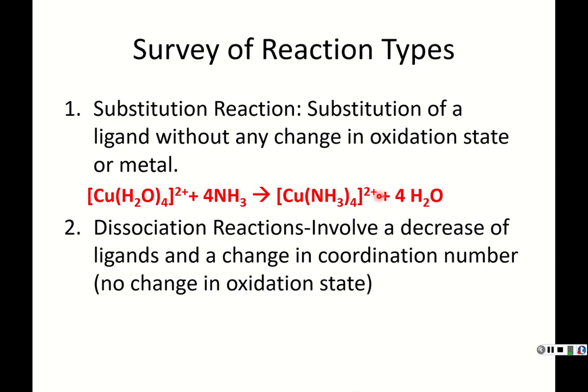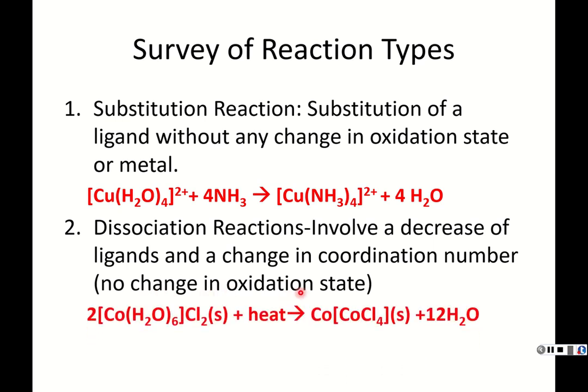Dissociation reactions are the next type we'll talk about. These involve a decrease of number of ligands and change the coordination number. Again, there is no change in the oxidation state. So a dissociation reaction here, if we have our solid coordination compound complex ion, cobalt with 6 waters coordinated to it, and then our counter ion in the solid would be 2 chlorides.